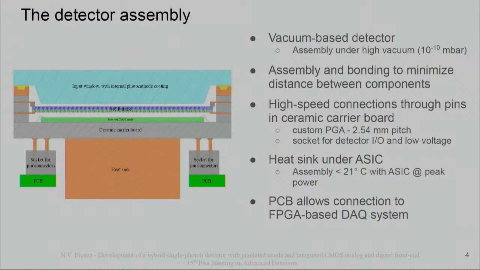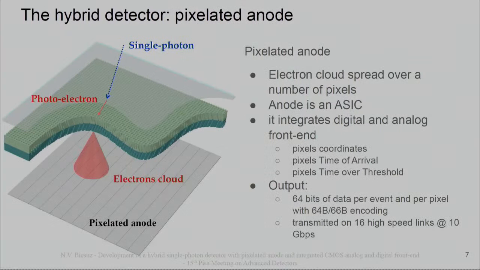And the second part was about the spread. Really the target is to have 200 microns here, and you expect this electron cloud to be spread out over a few pixels, a group of like 4 pixels, something like that.